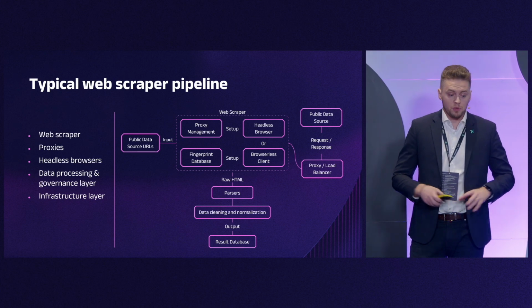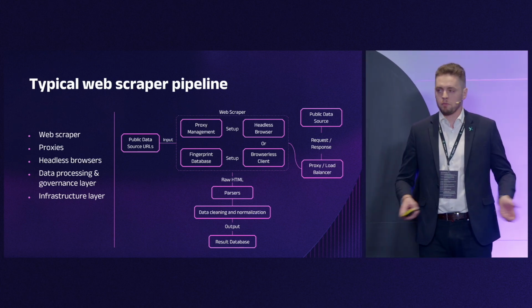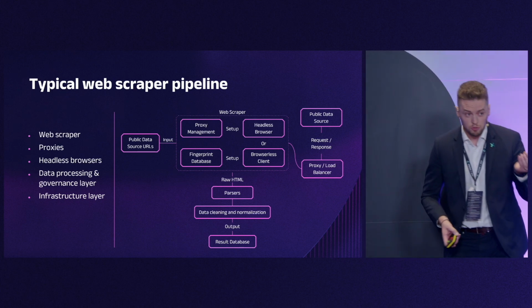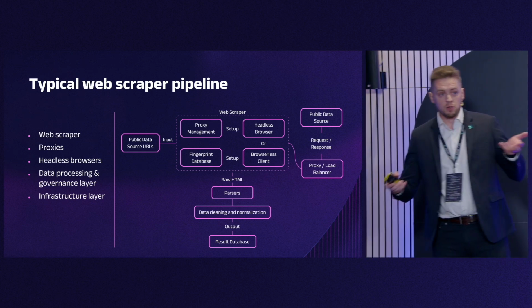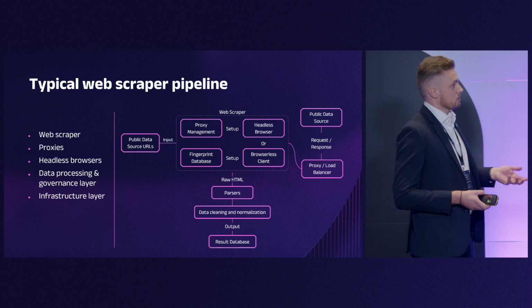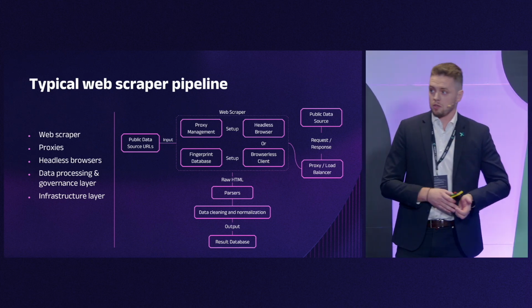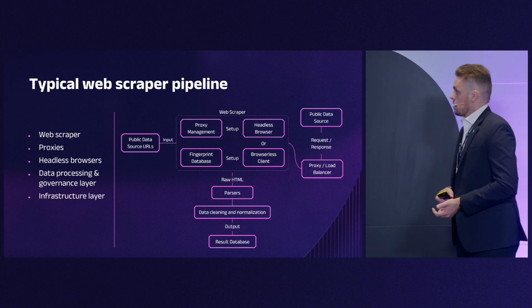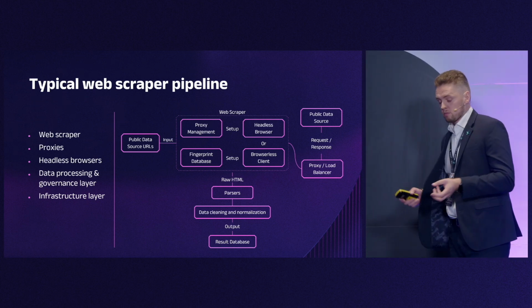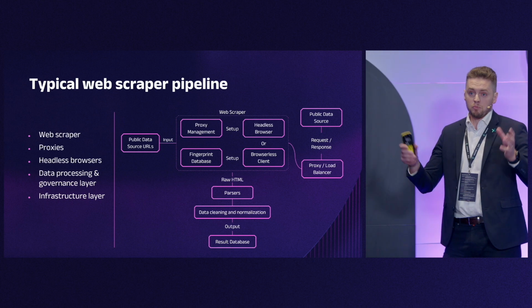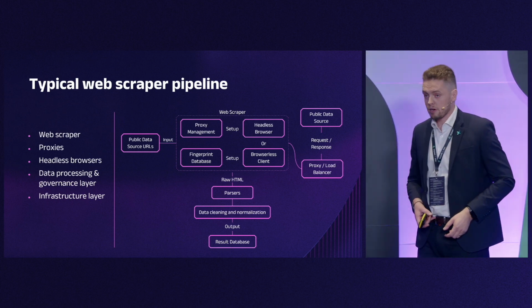Alrighty, so what's the typical web scraping pipeline? So we see, as usually, we need some data to input, like what we want to scrape. We have typical components like proxy management, like fingerprint management. We also have headless browsers or browserless clients, sorry, and that composes the web scraper in essence, right?